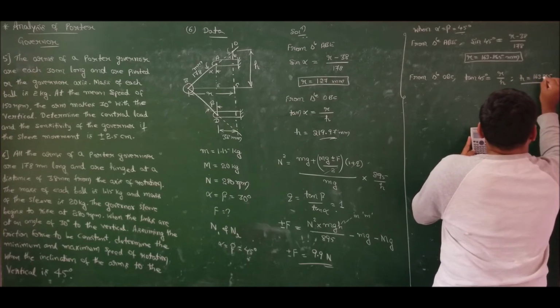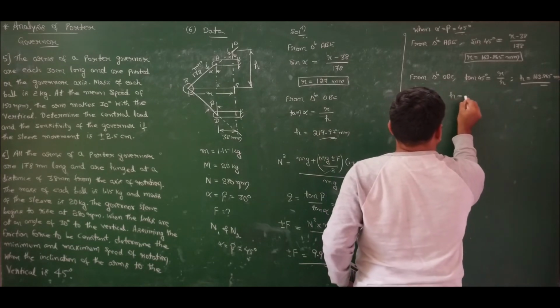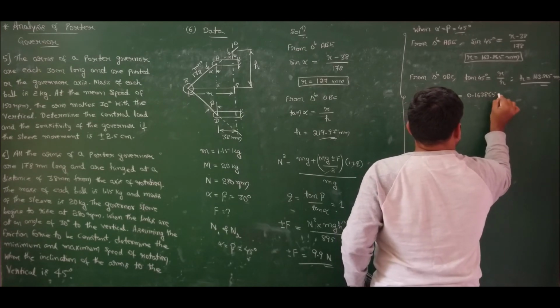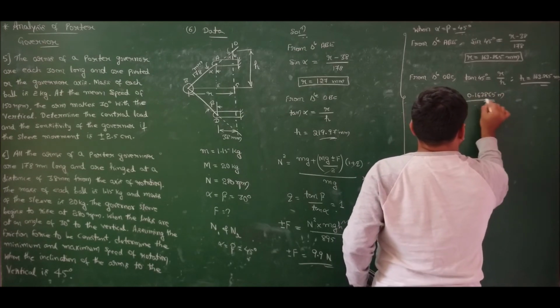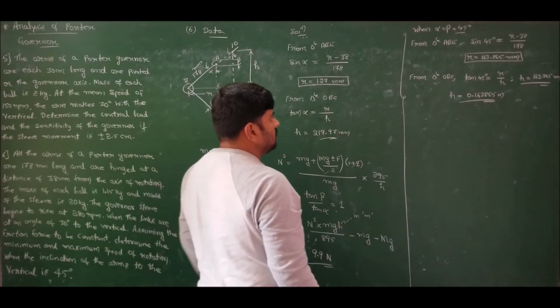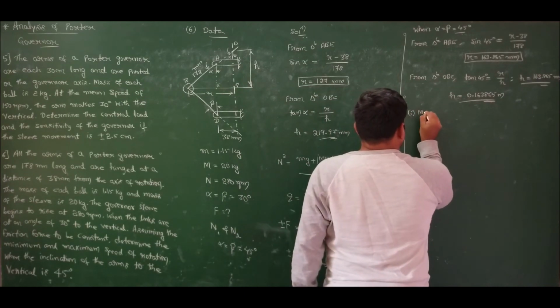Yes, it is correct because tan 45 degrees is unity. Hence H is 0.163865 meters.